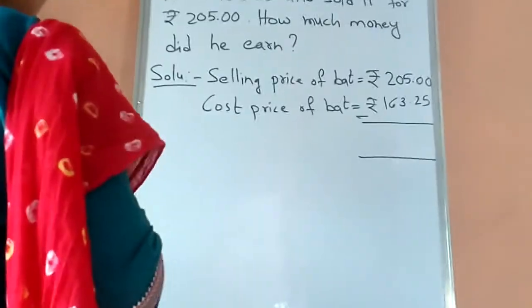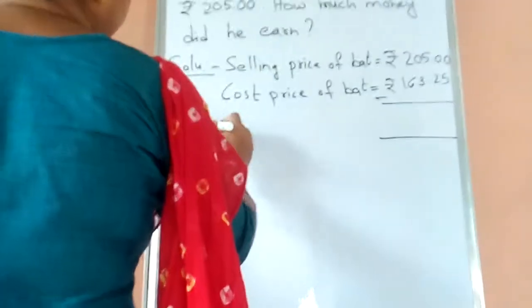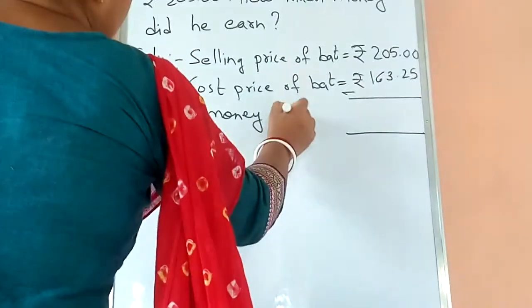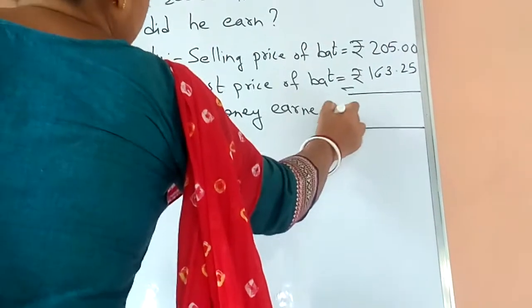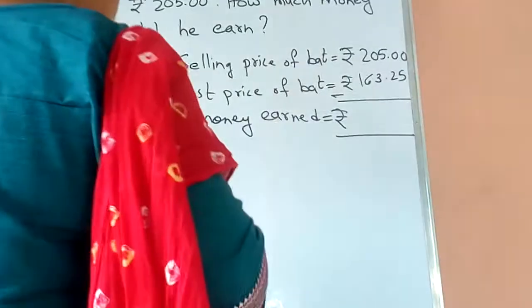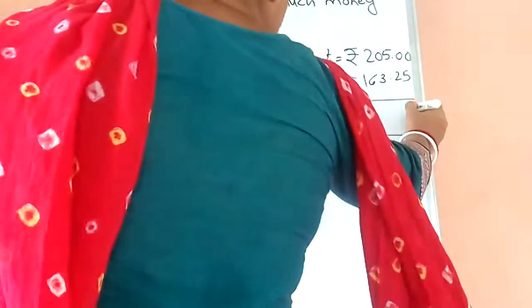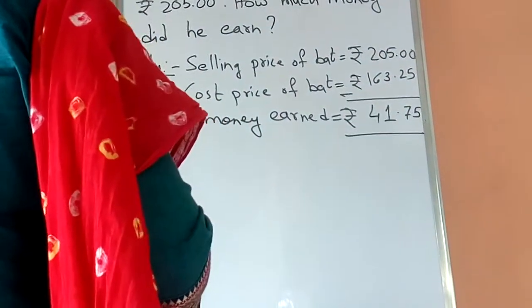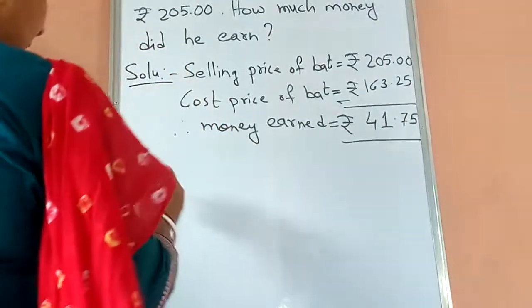Now how much money did he earn? Therefore money earned is equal to, now subtract, this will be 5, 7, 5 and 4. Okay, so 41 rupees and 75 paise.